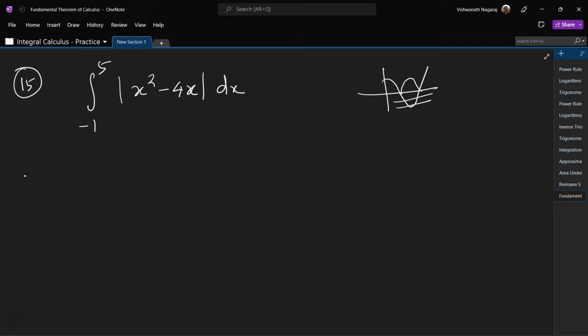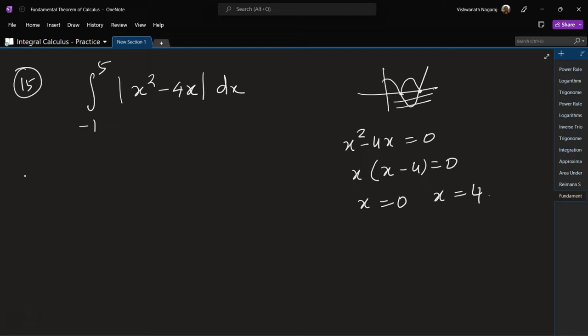So we need to know at which points it actually comes up. Those would be the zeros of this. So x square minus 4x equal to 0, so x times x minus 4 equal to 0. That means x equal to 0 and x equal to 4.